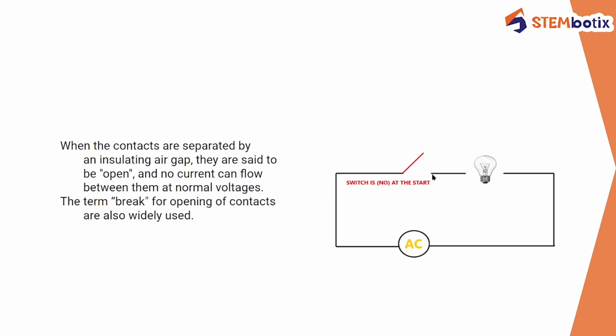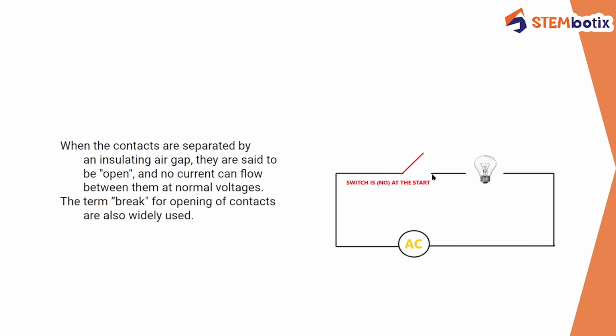Then after there is double pole single throw, means two input circuits and only one path for current to flow. Then double pole double throw means it has two input circuits and two current paths for currents to flow as well.